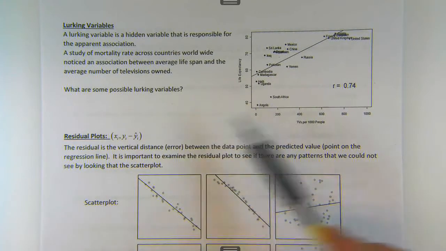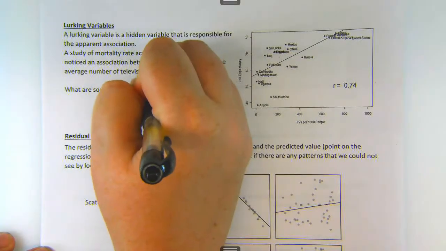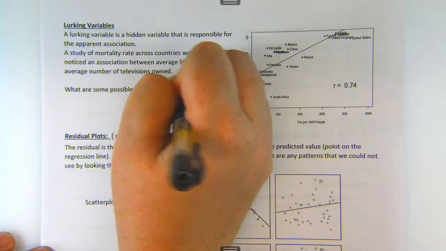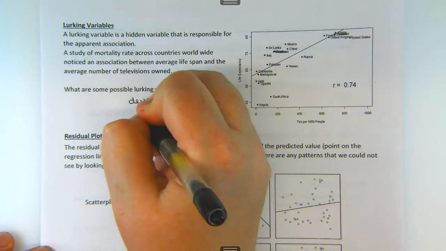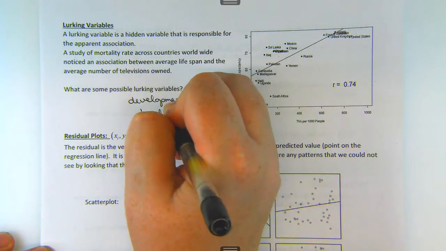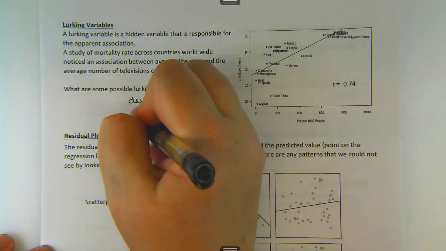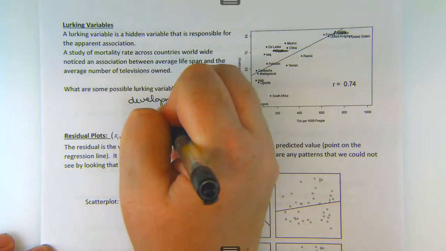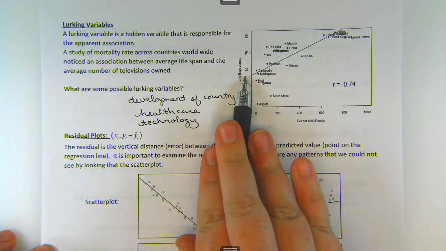So some lurking variables deal with the development of the country, and with that comes the level of healthcare available and technology. We have these different lurking variables that are actually connecting the two. It's not just about TVs and life expectancy.